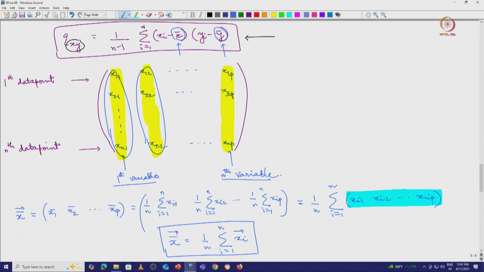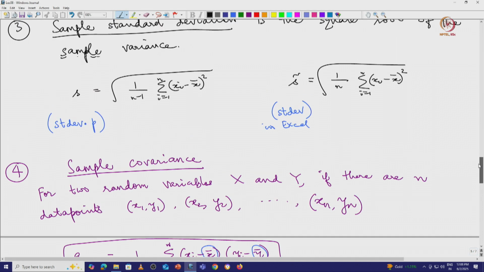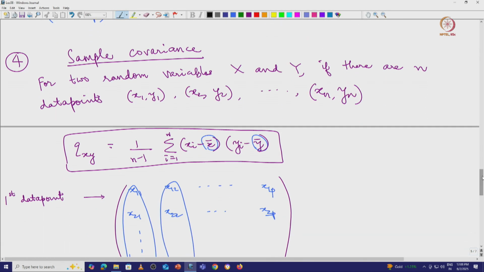covariance. Moving on, we can define the sample covariances of all the features with all other features. If you go up here, when we had defined it for only 2 random variables, we were talking in terms of x bar and y bar.